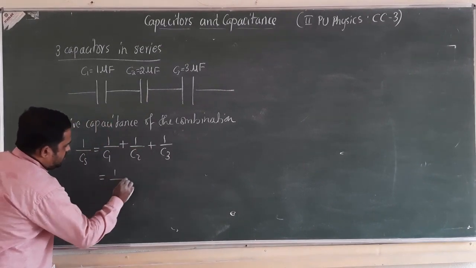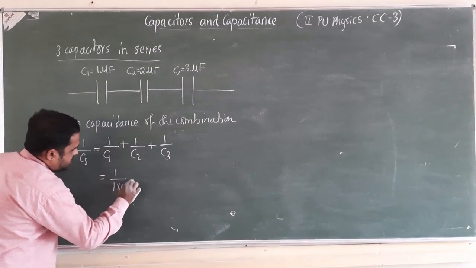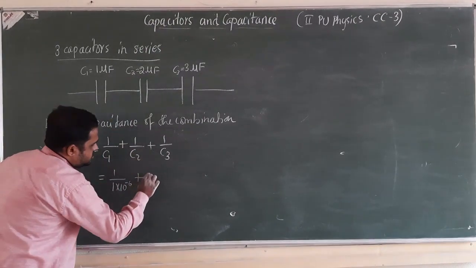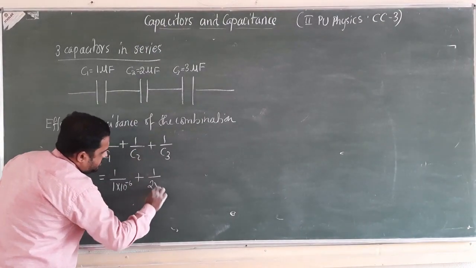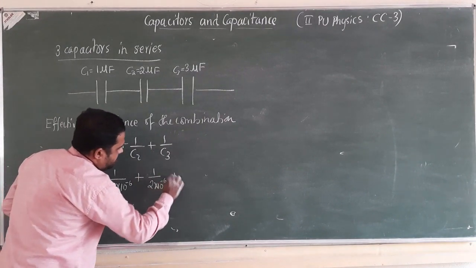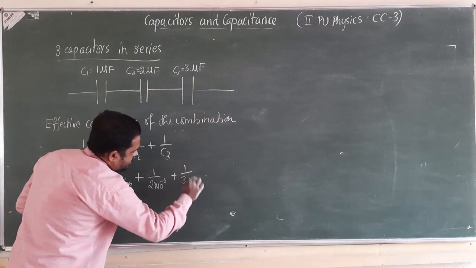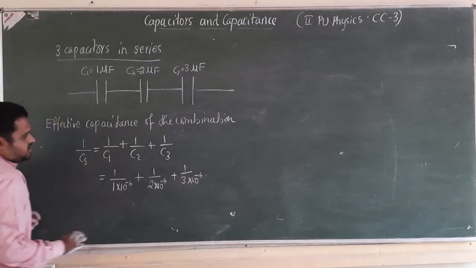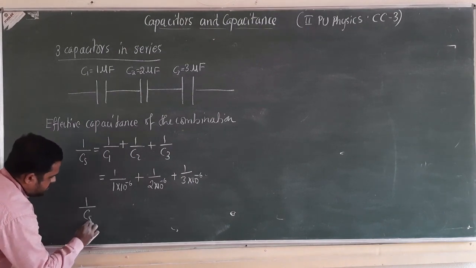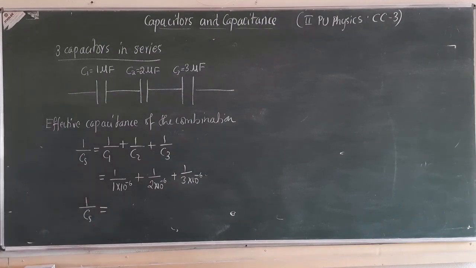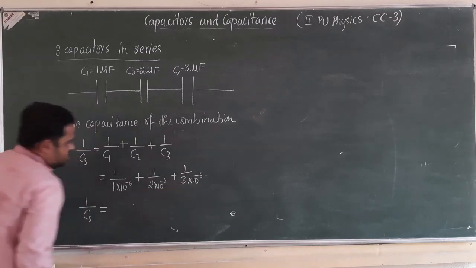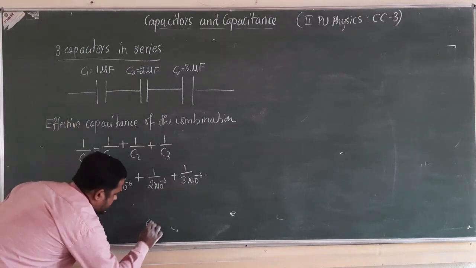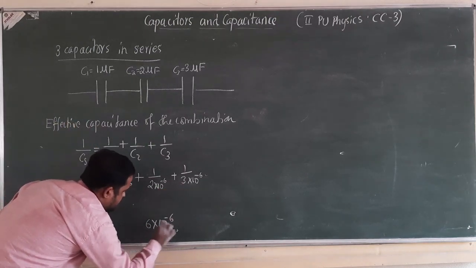Substitute the values: 1 by 1 into 10 power minus 6, plus 1 by 2 into 10 power minus 6, plus 1 by 3 into 10 power minus 6. So 1 by Cs is equal to, what is the effective value now? Take the common denominator, 6 into 10 to the power minus 6.